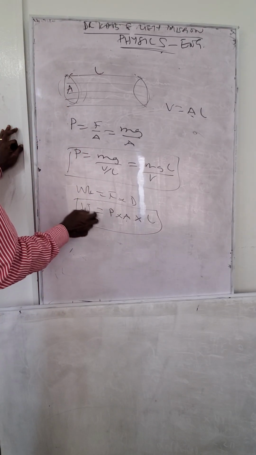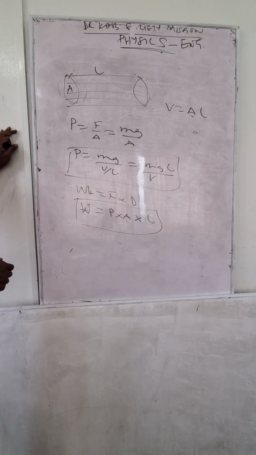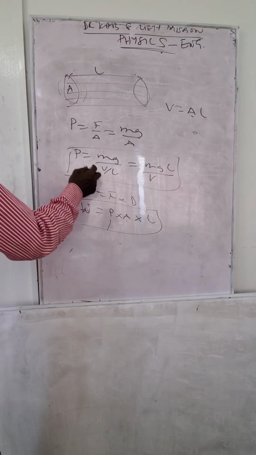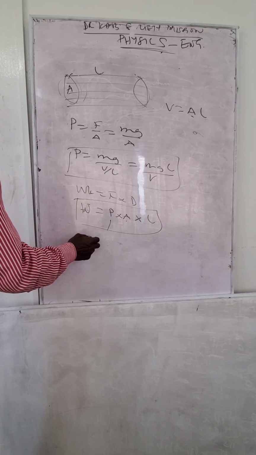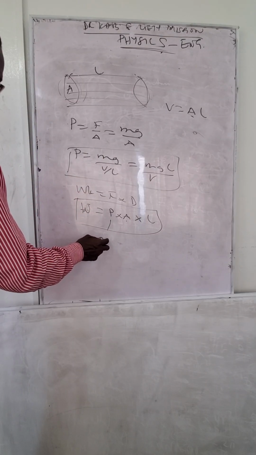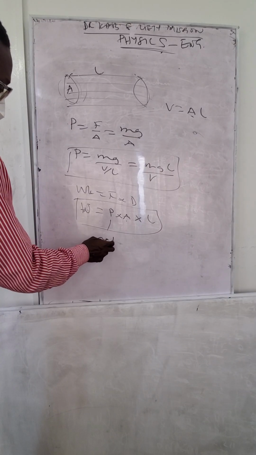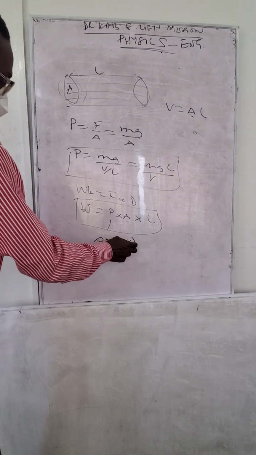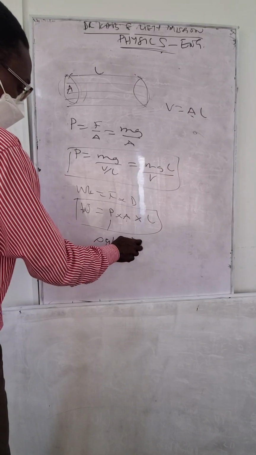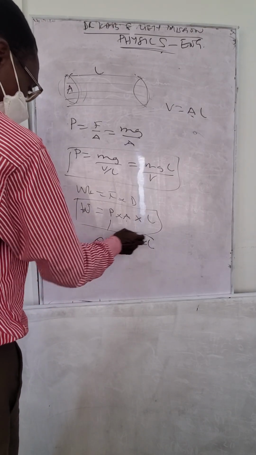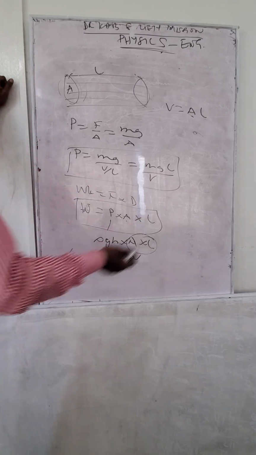Your pressure, the column formula, is rho times gravity times height, times your cross-sectional area times your length. But remember, cross-sectional area times length gives you the volume.